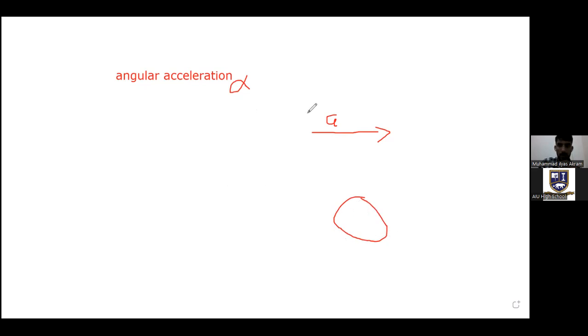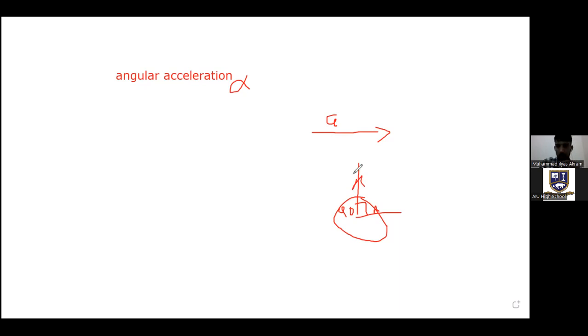The direction of angular acceleration is always at 90 degrees to the linear acceleration.